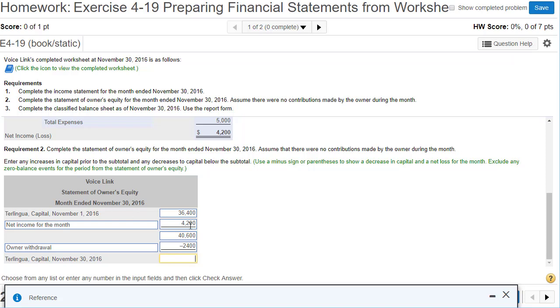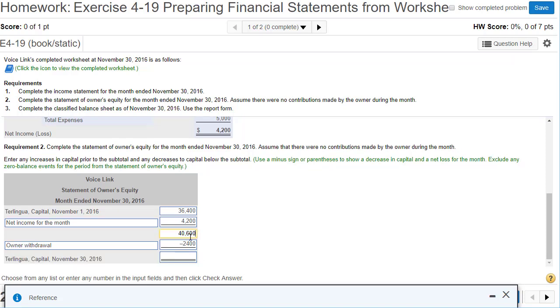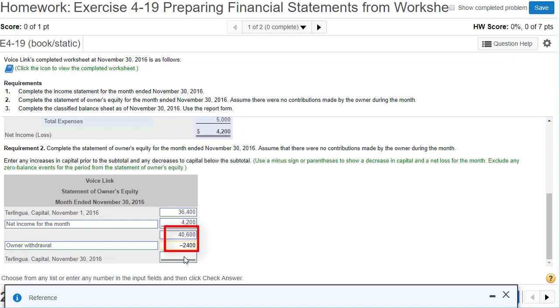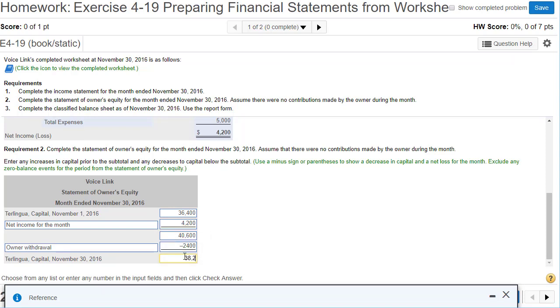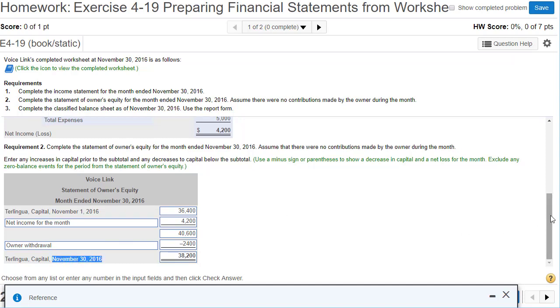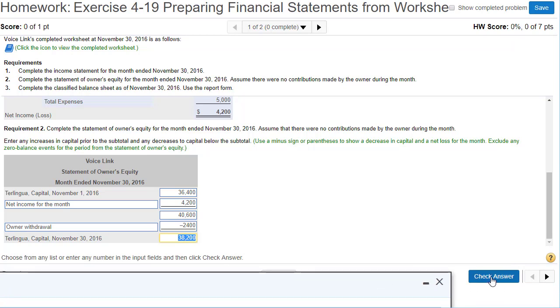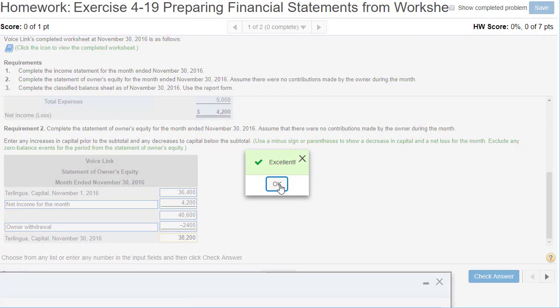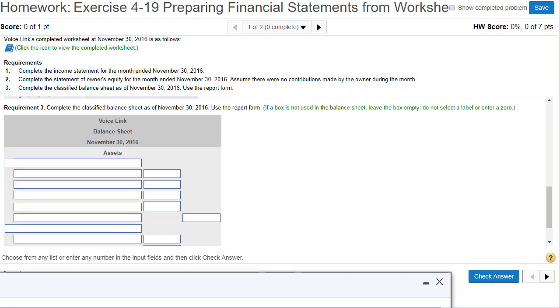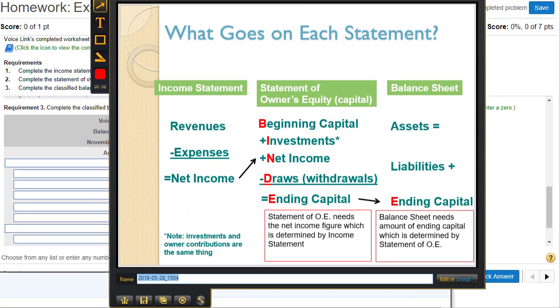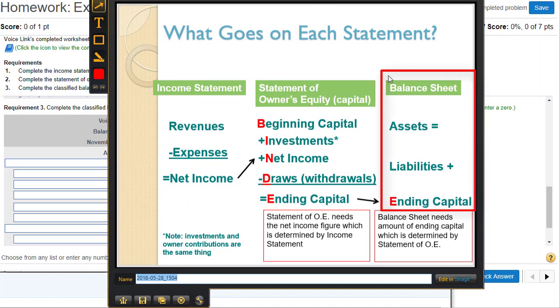So I'm now going to take 40,600, subtract 2,400, and I get $38,200 of capital at the end of the month, November 30th. So it looks like our capital increased from 36,400 to 38,200. Check our answer. Excellent. All right, now we're going to do our last one, the balance sheet. Now the simplified formula for the balance sheet is assets equals liabilities plus ending capital.